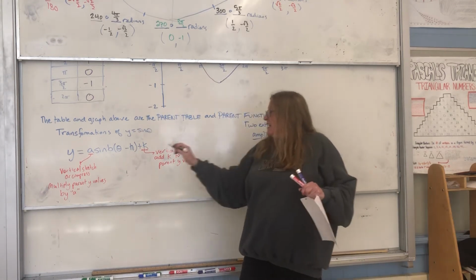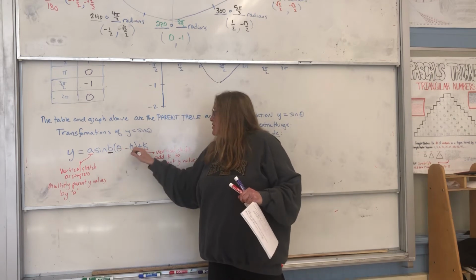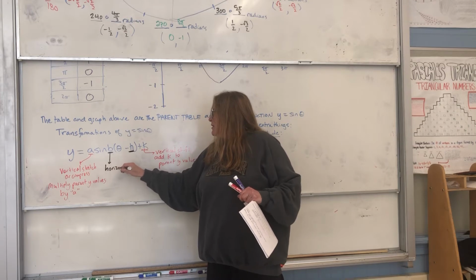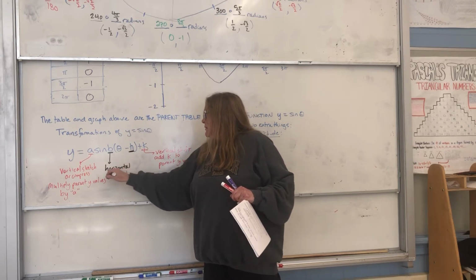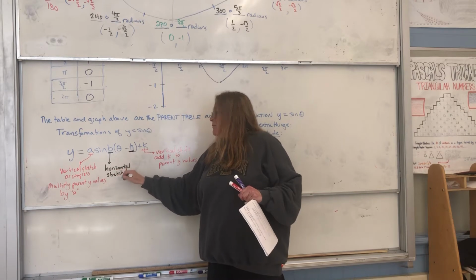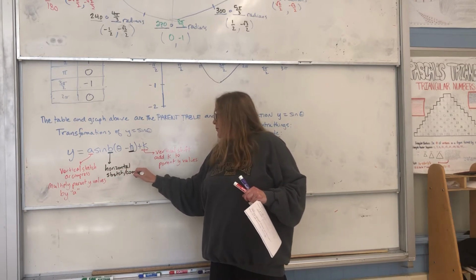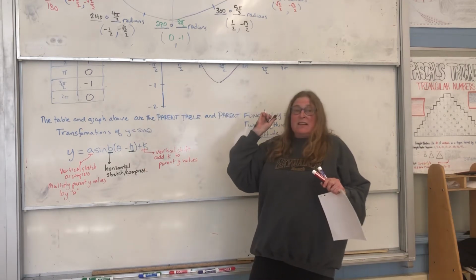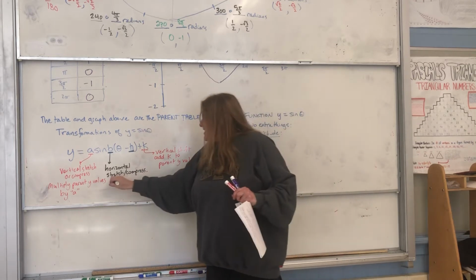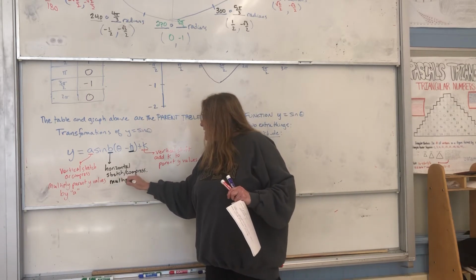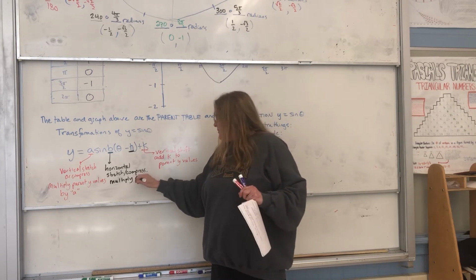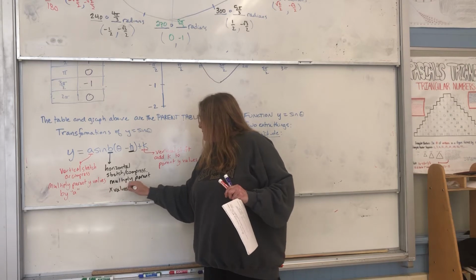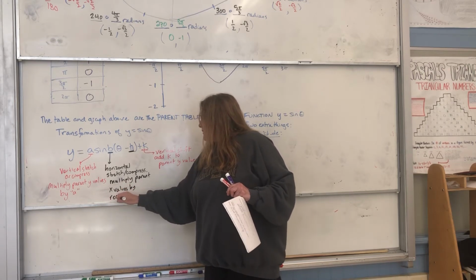On the inside, here I've got B and I've got H. Now remember, B is a little bit weird. That's horizontal stretch or compression. But if you remember, there's something weird about B, right? I'm not going to multiply the parent x value by B. Instead, I'm going to multiply the parent x value by the reciprocal of B. Right, so I'm going to flip B over.